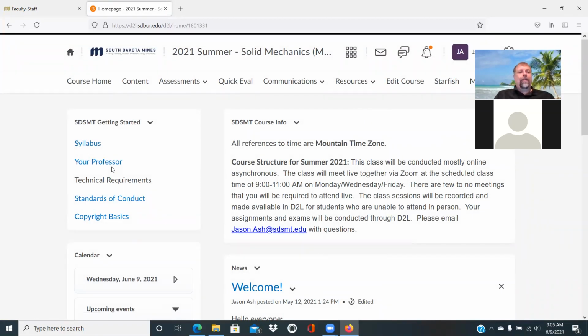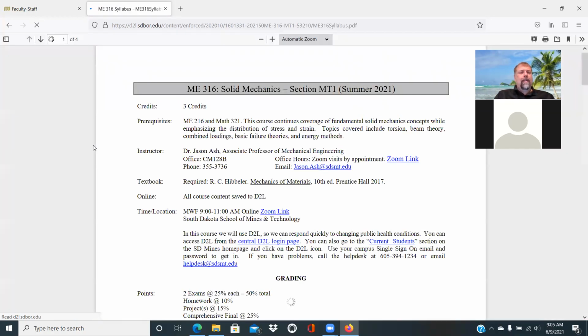So in D2L, the main things are, I do have the syllabus listed over here on the left widget. With our meeting on Monday, I realized that the course description was updated from summer 2020, and so I did go through and update the syllabus.